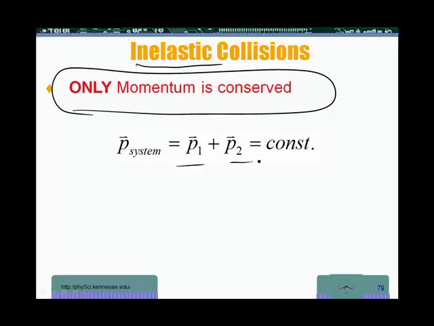For example, in car collisions, when they get destroyed, some of that kinetic energy goes into compressing the material of those cars. So it's some type of spring potential energy stored in that material. In those cases, whenever kinetic energy is not conserved, it is an inelastic collision.